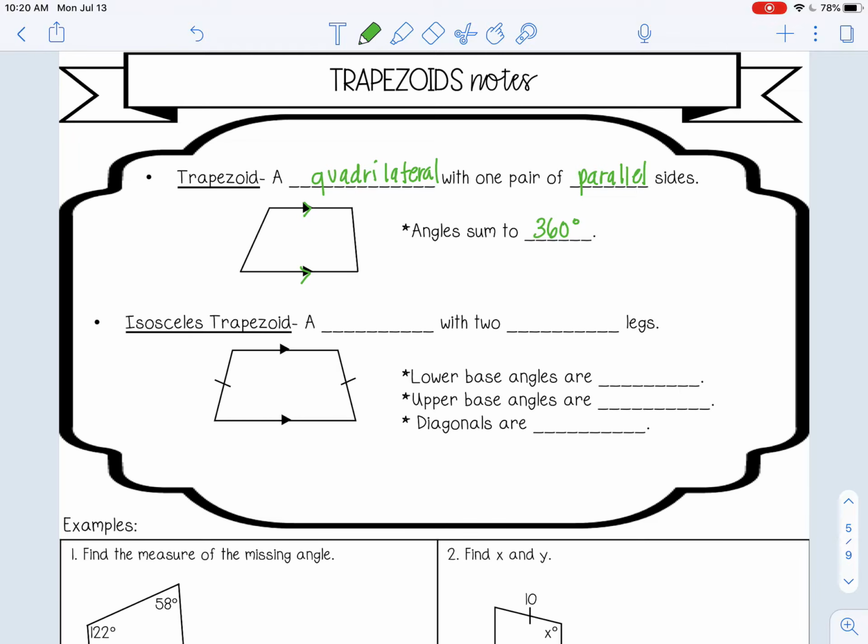Okay, and then an isosceles trapezoid is a trapezoid with 2 congruent, we call them legs. So along with having the parallel sides, they also have congruent legs, which means this side and this side are exactly the same.